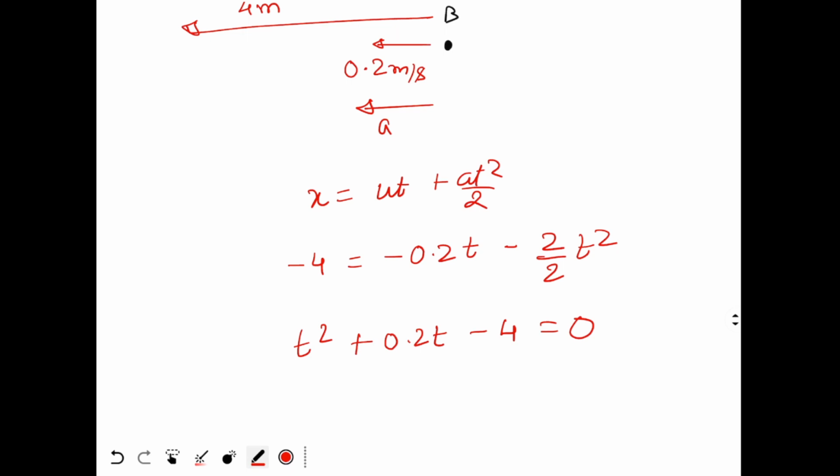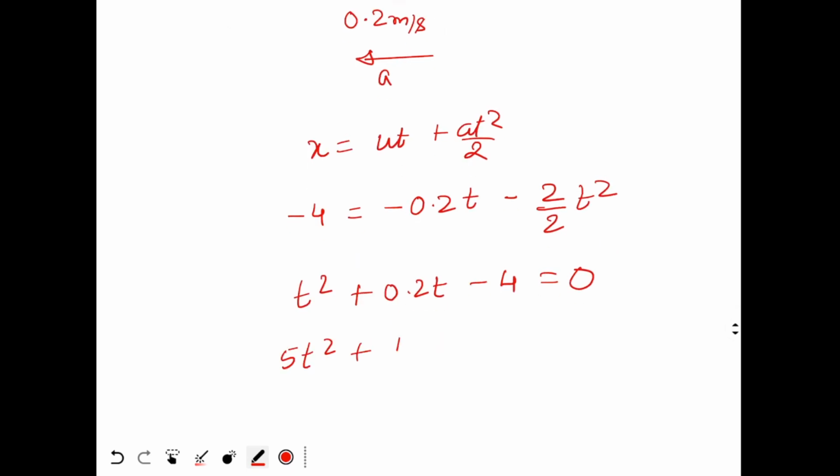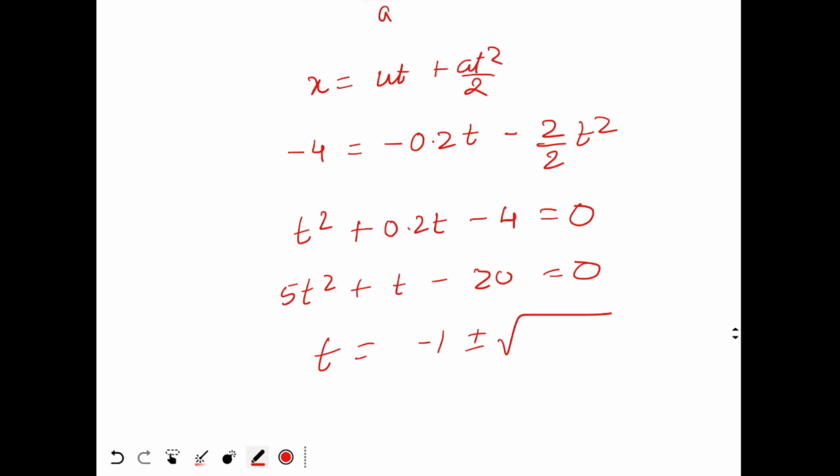So when you solve this quadratic equation, what do you get? Let's first simplify the equation a bit. I can multiply the equation by 5, so 5t square plus t minus 20 equals 0. So t will be minus 1 plus or minus root of b square, 1 plus 4 times 5 times 20, which is 400, divided by 10.